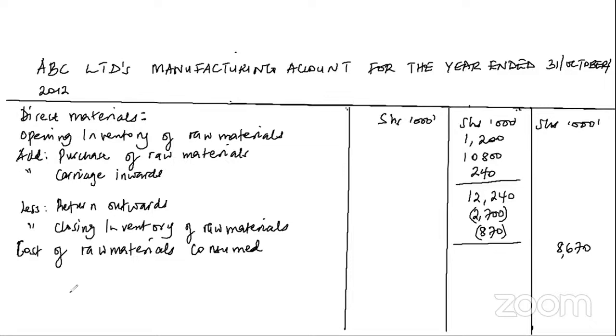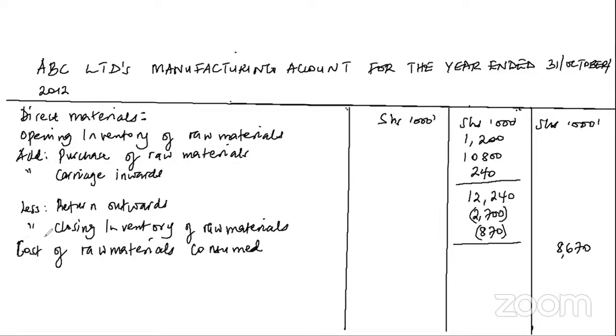Then after getting the cost of raw materials consumed, we normally add the direct costs. Under the direct costs, sometimes you find direct labor, or other direct costs like royalties, and costs like factory wages, and in this case we have factory wages.